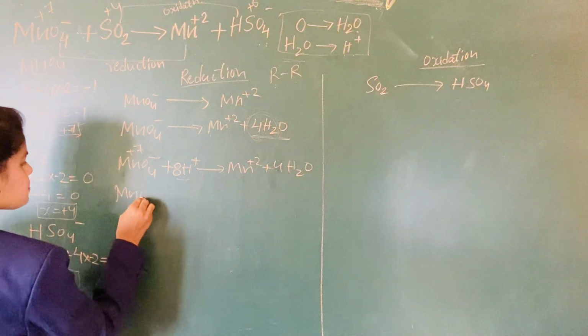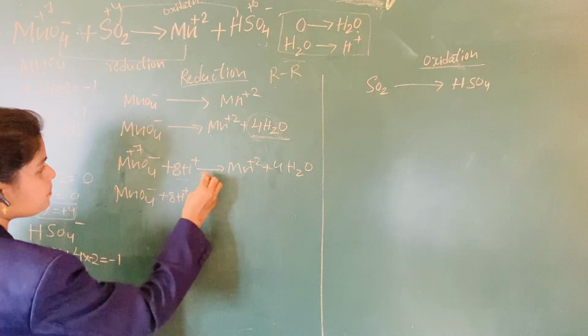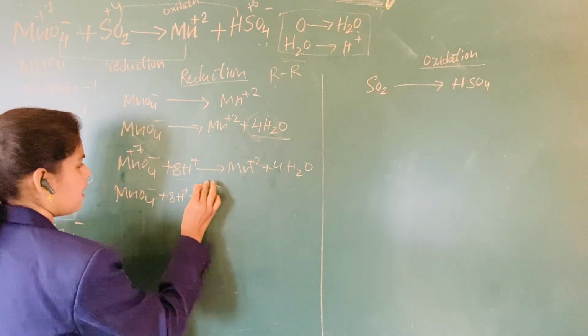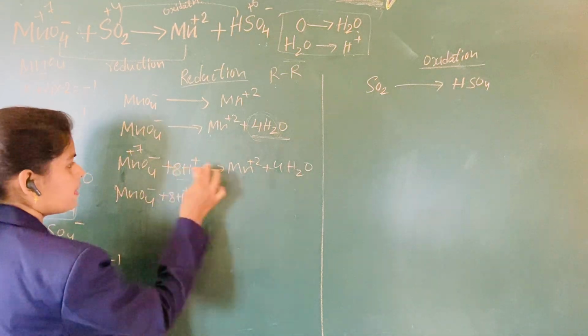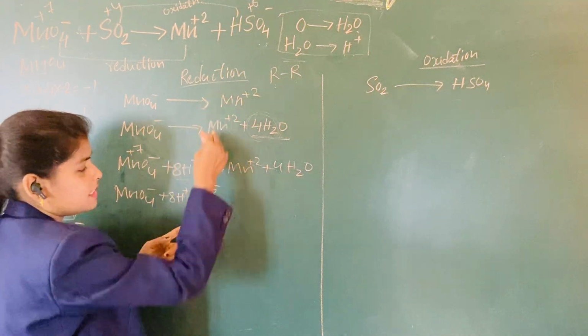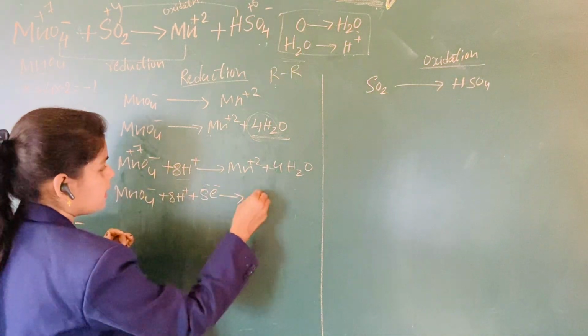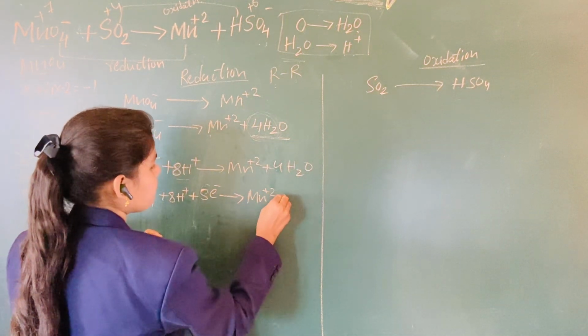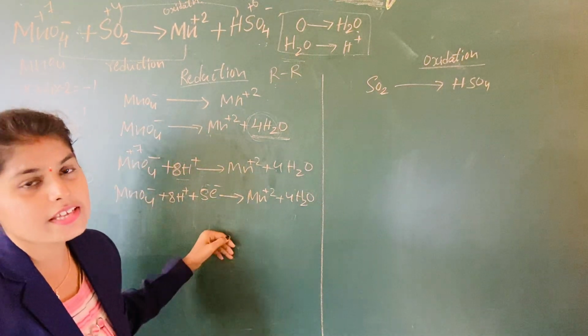The equation becomes MnO4 minus plus 8H plus plus 5 electrons, and then it continues: gives Mn 2 plus plus 4H2O. I am adding the 5 electrons in the reactant side since it is a reduction reaction. So that is the equation.